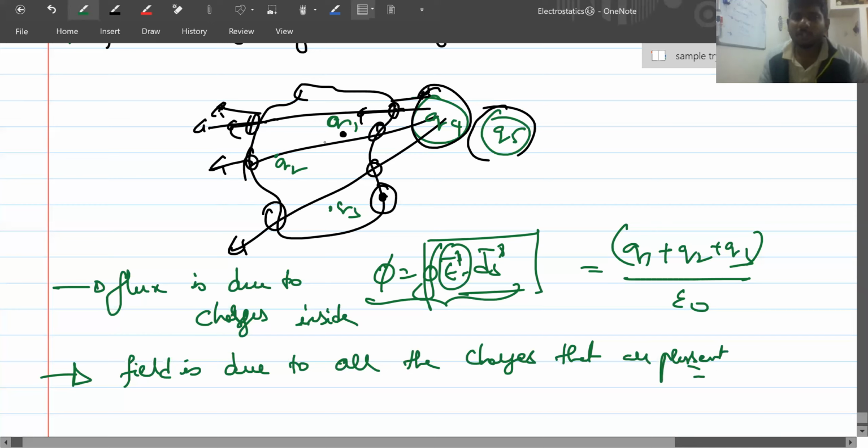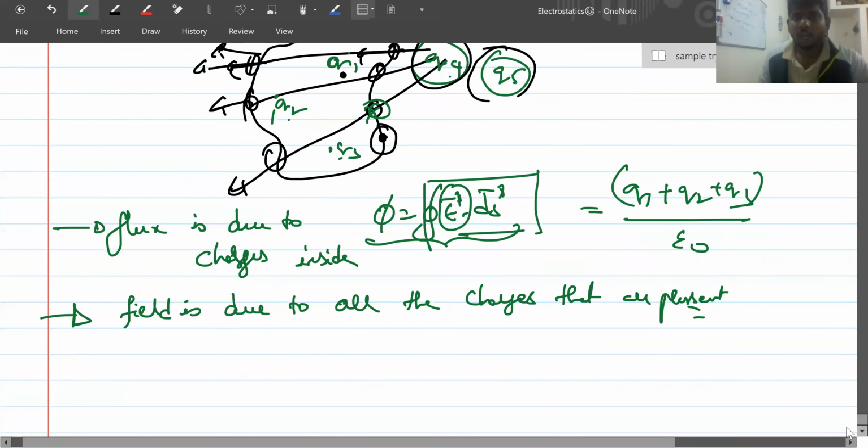Flux will be caused by only the charges which are present inside the surface, but the electric field at this point is a net electric field due to all the charges Q1, Q2, Q3, Q4 and Q5. Outside charges will contribute to the electric field at that point, but flux will only be contributed by the inside charges of the surface.